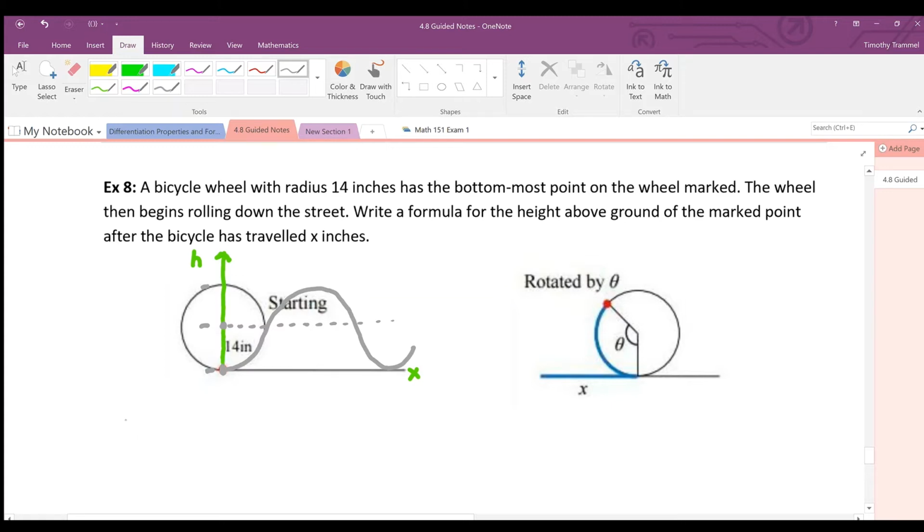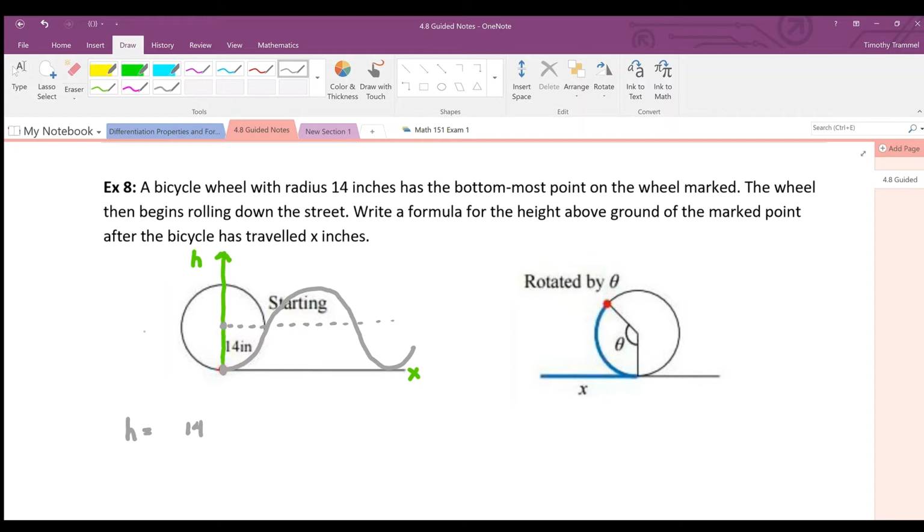So we could start actually writing our equation now. We have h equals, I'm going to write a 14. Now we need to think about whether we want to use sine or cosine here, right? If we're thinking about y equals sine of x, we normally think about it starting at the middle of the wave, at least speaking informally here.